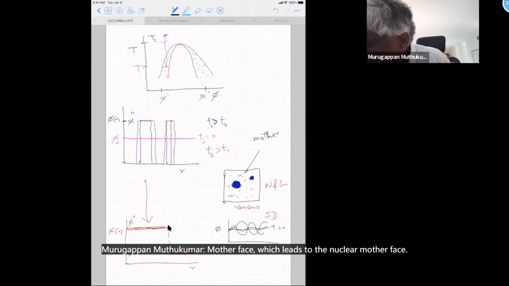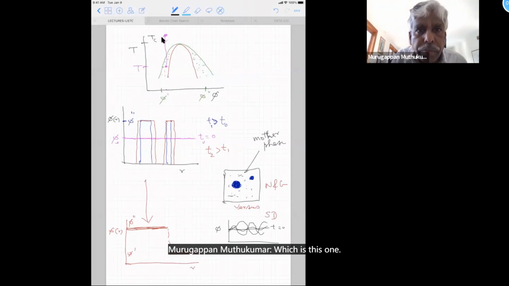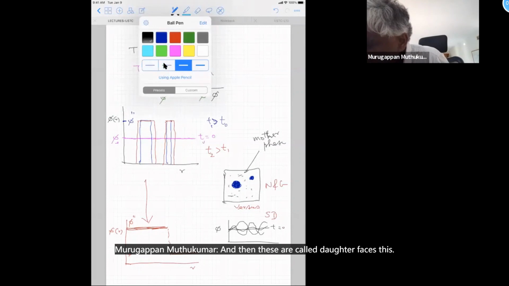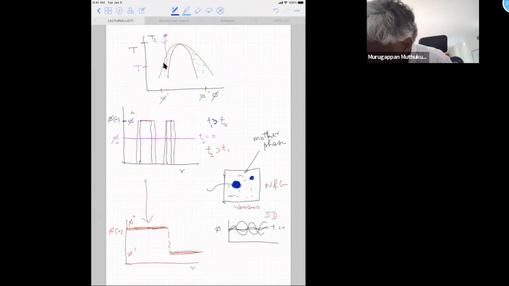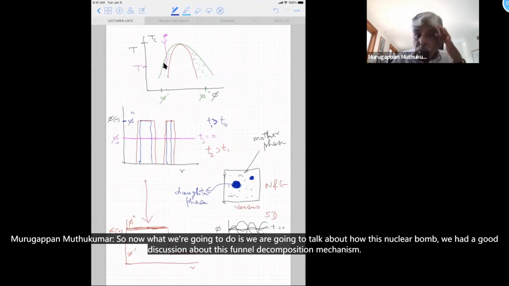Mother phase, which is this one. And then these are called daughter phases. Daughter, colloquially. In the literature, that's what you will see.